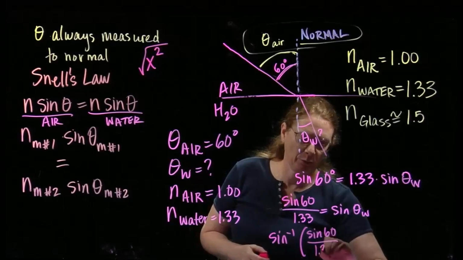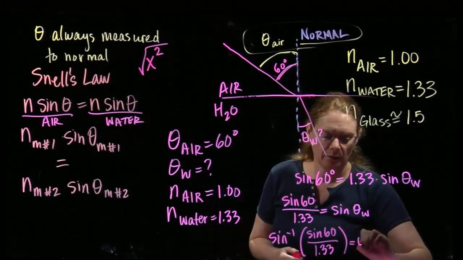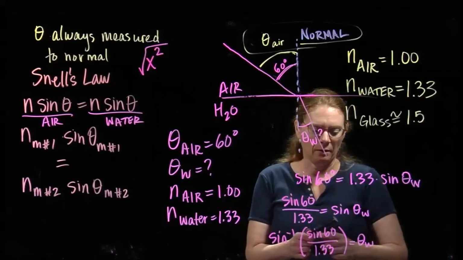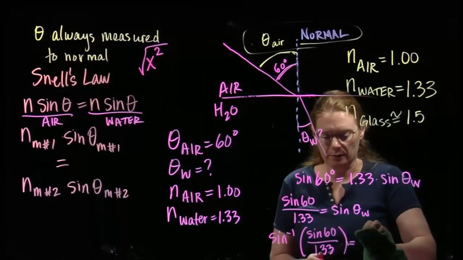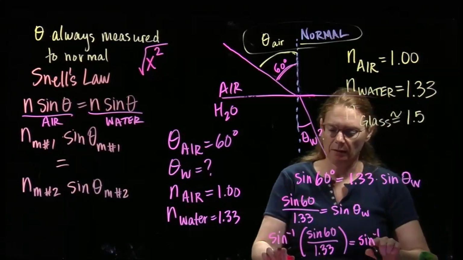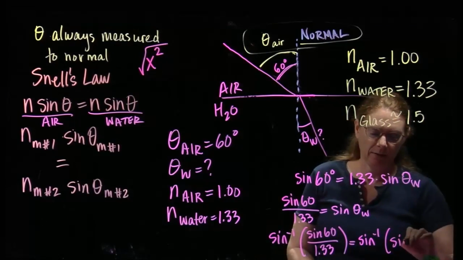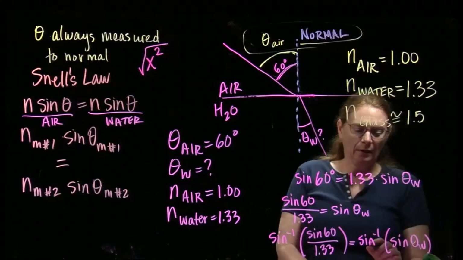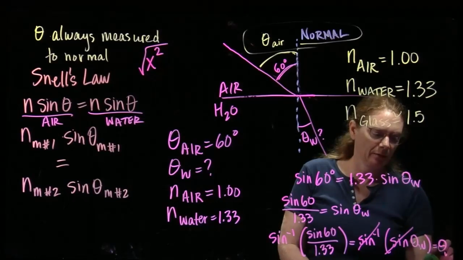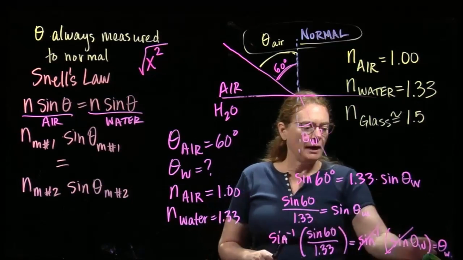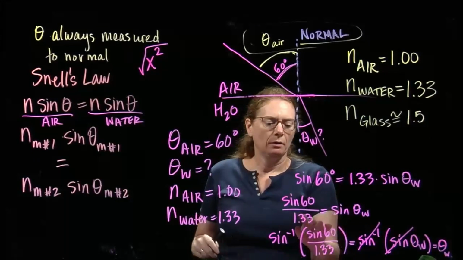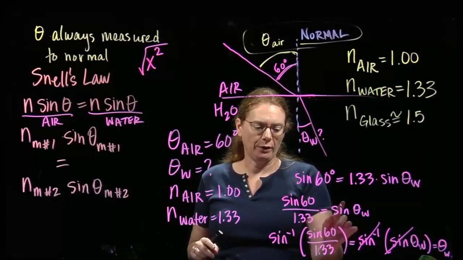I'll actually show that middle step. Inverse sine on both sides, and on this side it was still sine theta water. That cancels that. So the angle in water is going to be the inverse sine of, big parentheses, sine of 60 over 1.33.